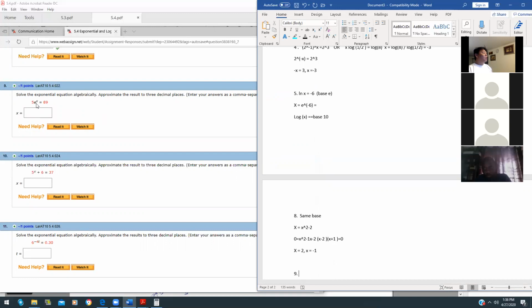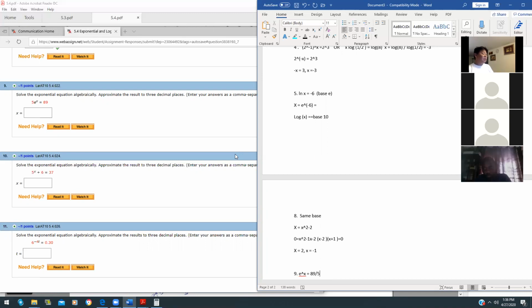Once your exponent is not by itself, you have to isolate it. That means you have to get rid of this 5. And how do we get rid of this 5? You either add, subtract, multiply, or divide. Since this is 5 times, we have to divide. So in this case, e to the x equals 89 divided by 5.